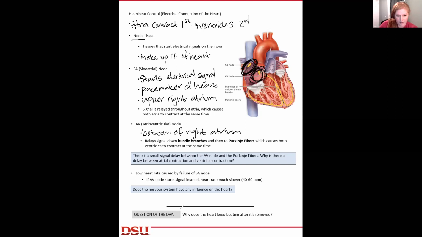Does the nervous system have any influence on the heart? Yes, we have talked about hormones in the blood. The blood carries hormones. So the nervous system works with the circulatory system, and there are some hormones that can make the heart go faster. One of the side effects of the fight or flight syndrome is a racing heart. So let me actually write this in.